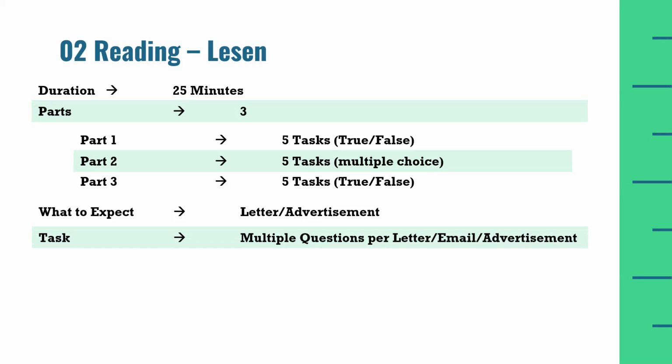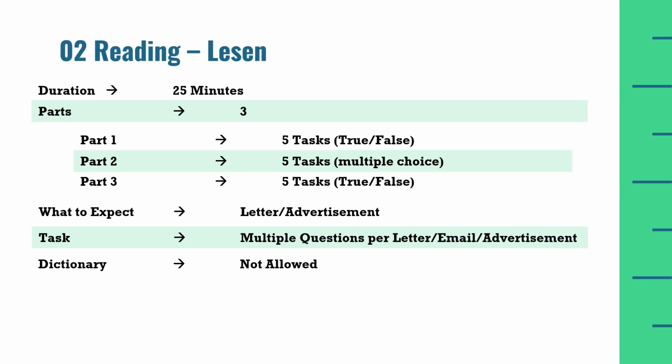In the second part, we will again have 5 tasks, and this time the type of question will be multiple choice. In the third part of the reading section, we will have 5 tasks, and the type of question will be true or false.